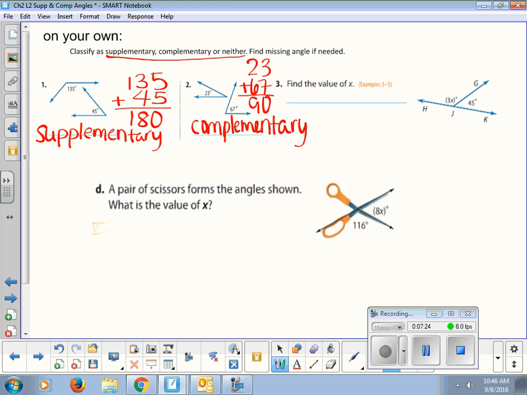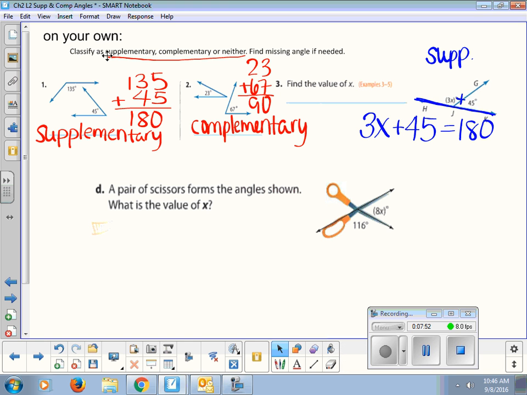For number 3, they want us to find the value of x. And what do we notice about our angle relationship here? Yeah, they share a straight angle, they're supplementary, they're going to add up to 180 degrees. So I'm going to set my equation as 3x, I'm going to add in my other angle, which is 45 degrees, and set that equal to 180.